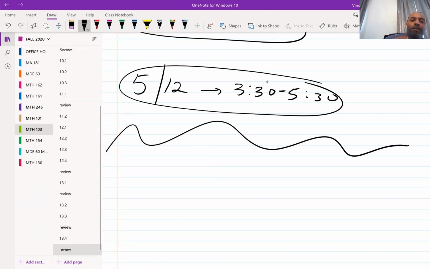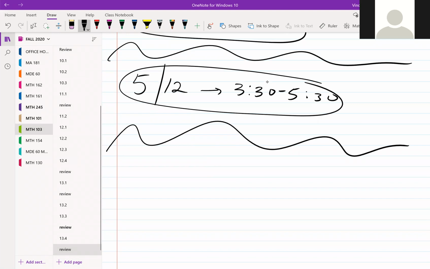I have questions on the 13.4 lecture. I did question 1, and it says use the empirical rule to answer each question. Over a week, an overnight delivery company found that the weights of its parcels were normally distributed with a mean of 20 ounces and a standard deviation of 5 ounces.